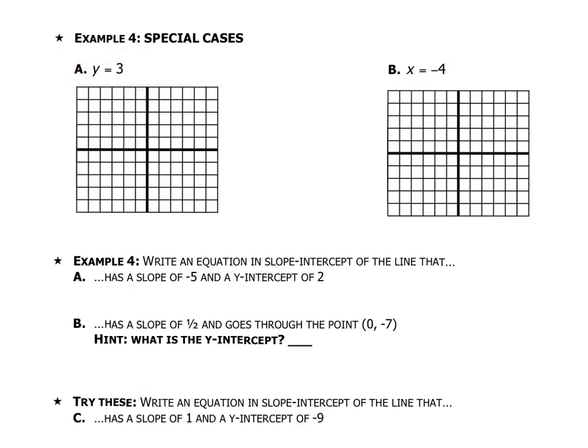A y line will only cross the y-axis. Where do you think it's going to cross the y-axis? Well, probably at 3. So where is 3 on the y-axis? We go here. 3 looks like it's right here. A y line will never ever cross the x-axis. It's a y line, so it only crosses the y-axis.